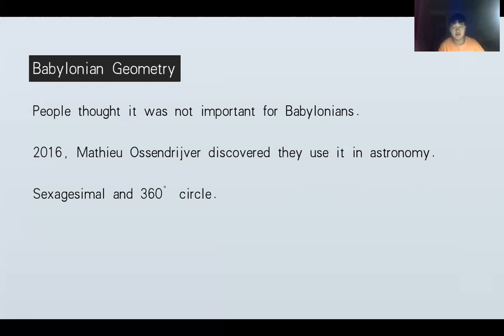The ancient Babylonian empires were about 3,000 or 4,000 years ago, but some knowledge and techniques discovered at that time we can still use today. That's really something. So we get the conclusion that Babylonians knew geometry quite well, and they invented some techniques that we are still taking advantage of.